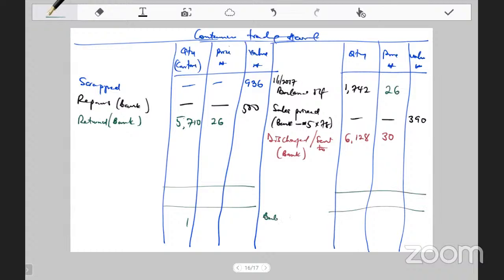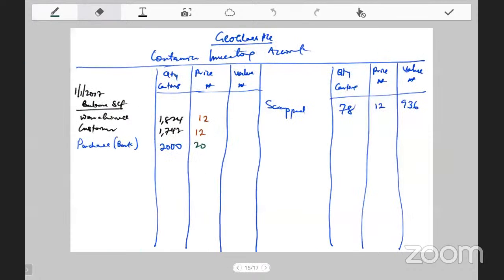What they have left, balance brought down, is 2054. And please, why is it on the credit side here? I will explain. When you get to the inventory, we don't know the balance brought down in the warehouse, but we're told that in the hands of the customer we have 2054.